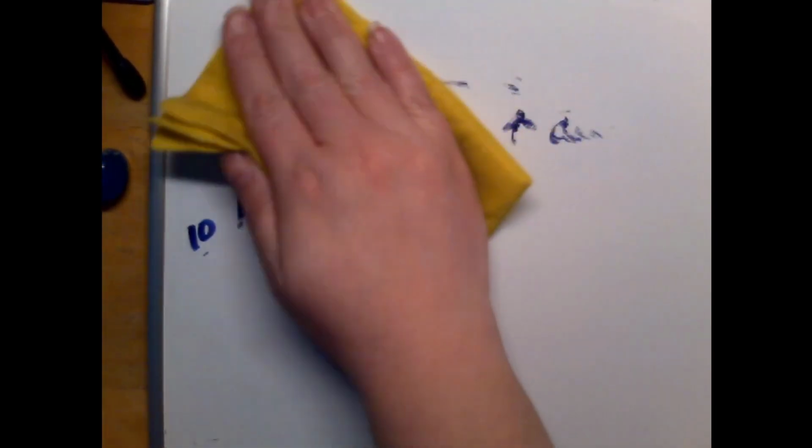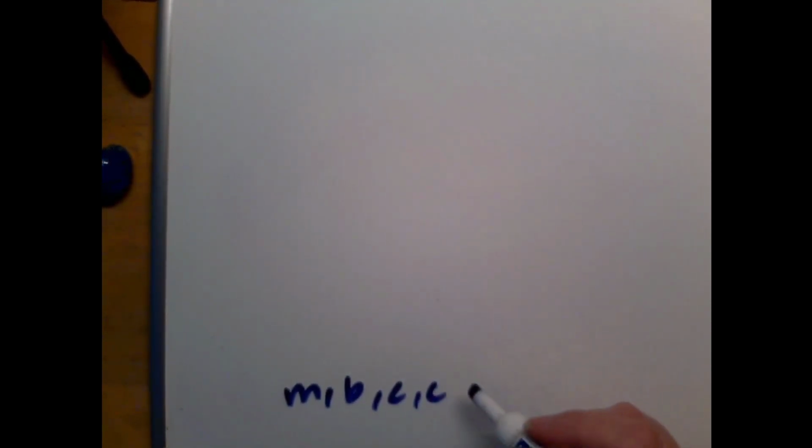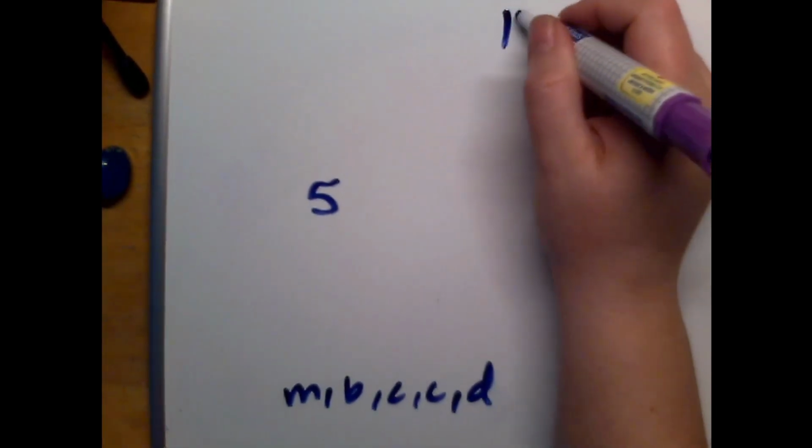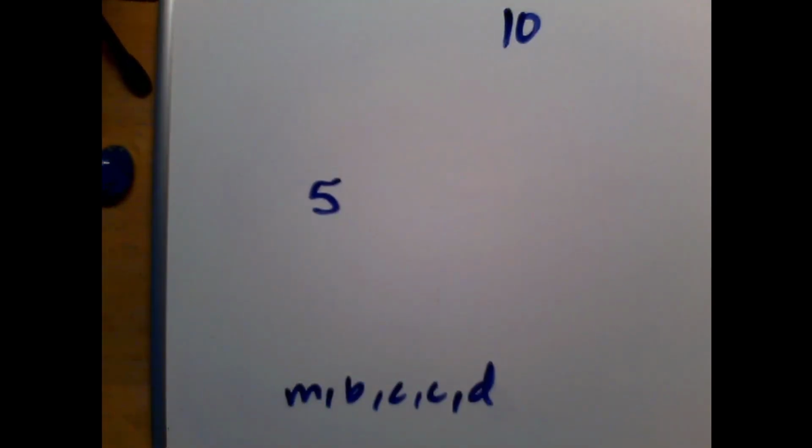So let's go back to our grocery store example again here too. So now, again, we have to get milk, bread, coffee, cereal, and I can't remember what the other one was. We'll say donuts this time. Donuts are delicious. And again, we have our grocery store that's 5 miles away, and we have our grocery store that's 10 miles away.